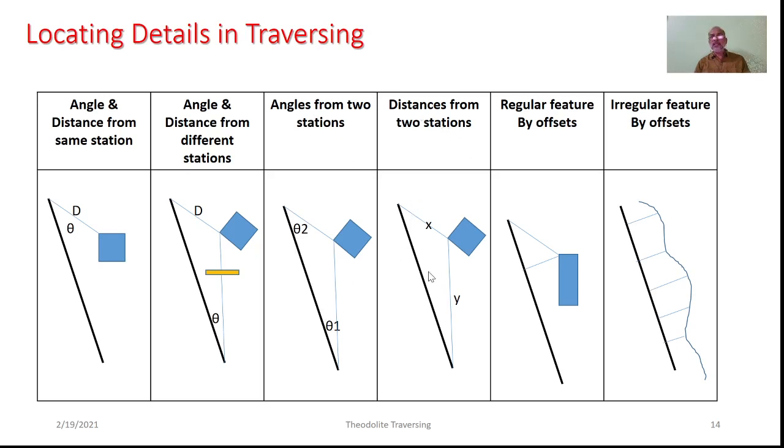We can measure simply the distances x and y in order to mark that particular station. We can have the feature defined by making use of, say, oblique offset or perpendicular offset. As such, by knowing the angle and length, or by knowing the chainage and offset length, we can define the point.